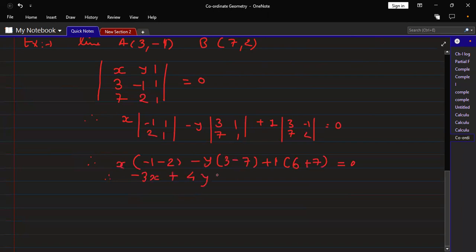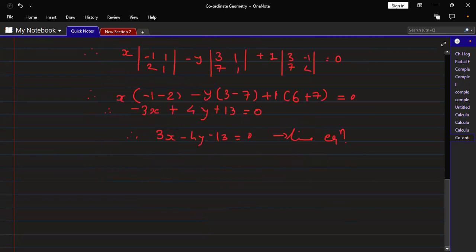And 6 plus 7 equals to 13. So properly अगर हम इसे मैनेज कर सकते तो it will be 3x minus 4y minus 13 equals to 0. This is called line equation. Okay. So this way we can find the line equation from the 2 points.